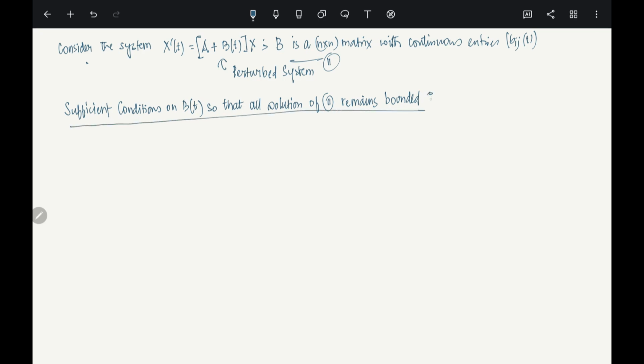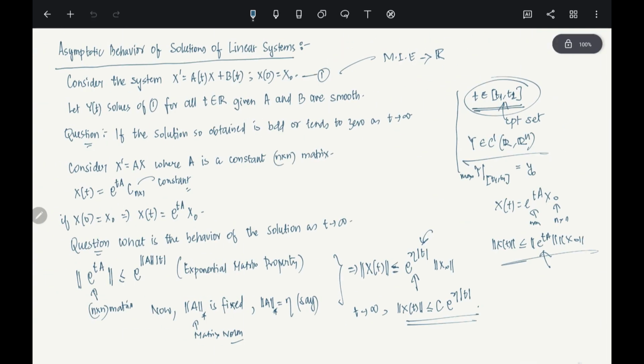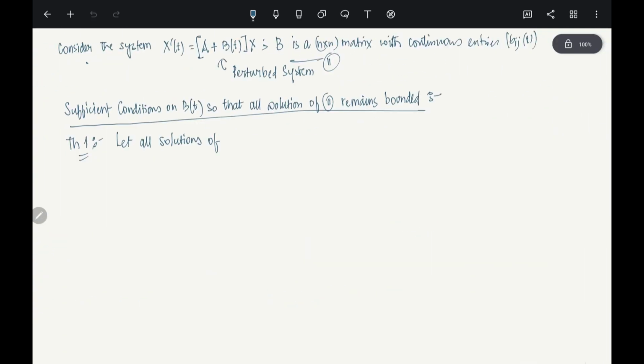So let's look at that theorem. Theorem 1: let all solutions of the homogeneous problem x prime equals Ax be bounded. This is the original constant coefficient homogeneous equation, which I am perturbing; 2 is the perturbed equation. Let's call this one star.